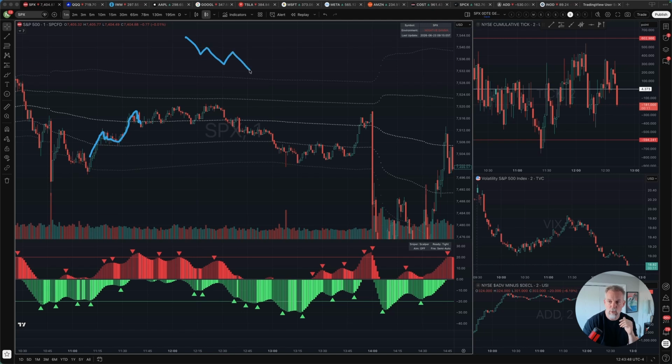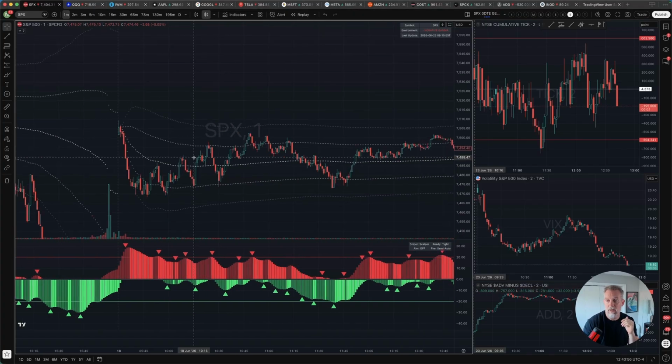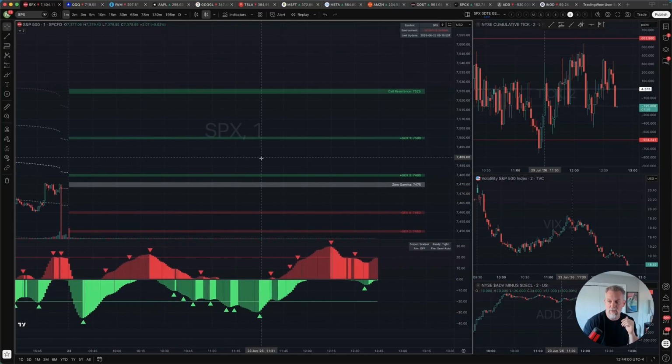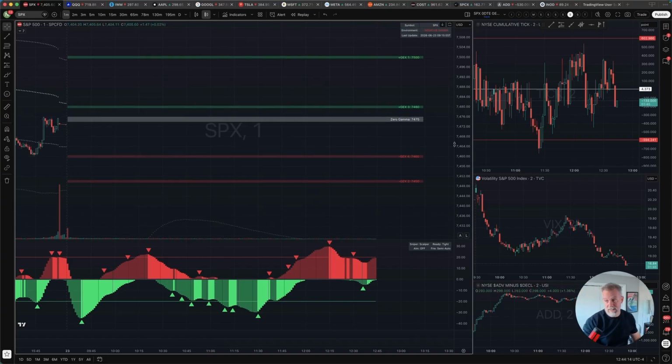It's smoother in both directions when we're in a positive gamma environment versus the larger, more sustained moves in a negative gamma environment. And so zero gamma is just that level in which we flip between the two. And that also is called an HVL, which is a high volatility level.